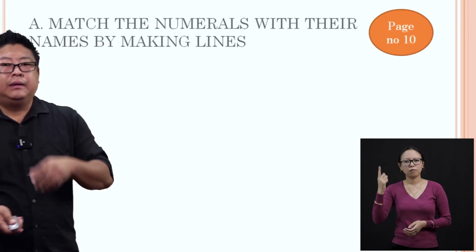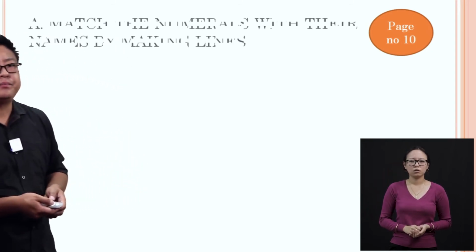Now to understand this topic properly, we have to know the basics. That is, learn how to count from 1 to 10 and learn how to spell the different numbers. All right. So, to understand this even better, let's look at an exercise. We will all do an exercise together.